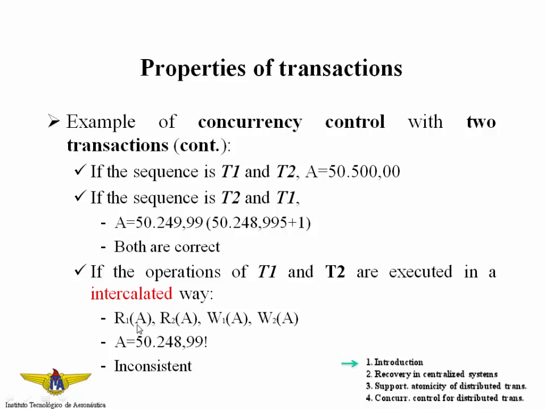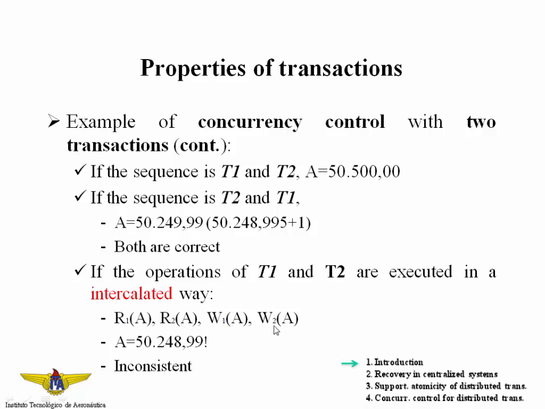Transaction 1 reads the balance in account A. Transaction 2 does the same as well. Then you have the deposit to account A, adding 1 real. Then you have the payment of the interest, in this case for the value that you have read in transaction 2.